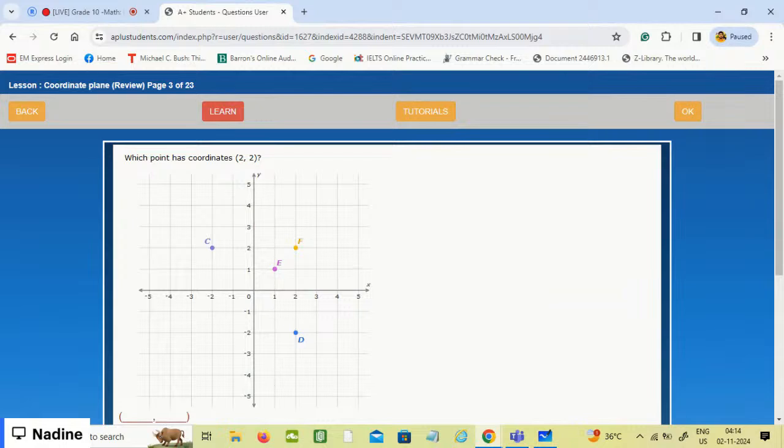F it is. The correct option is F. F is the point that is at the 2 and 2. So the correct option is F.